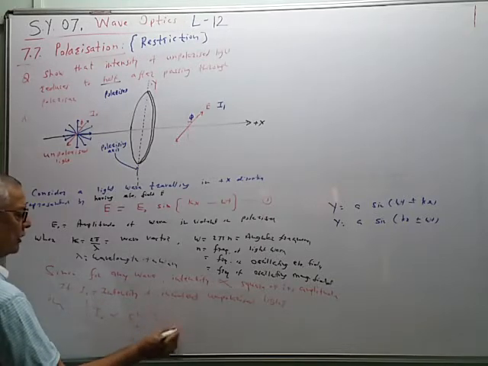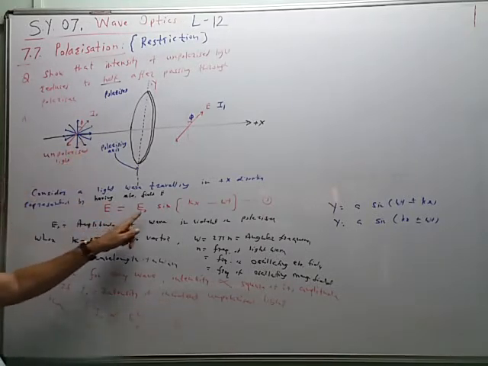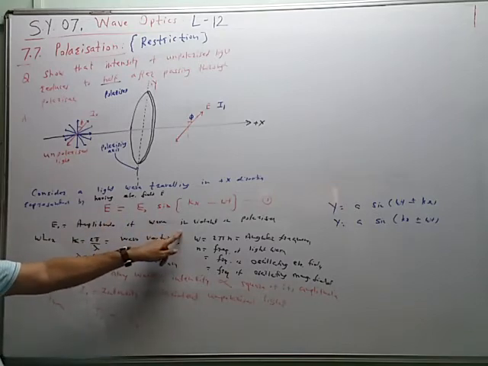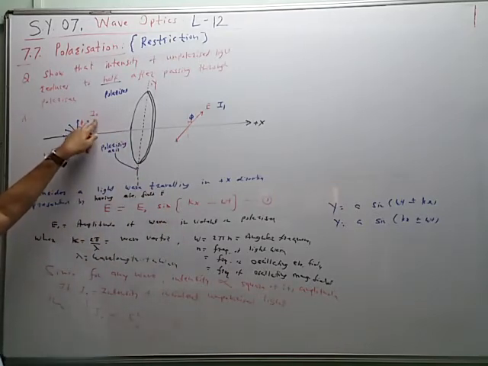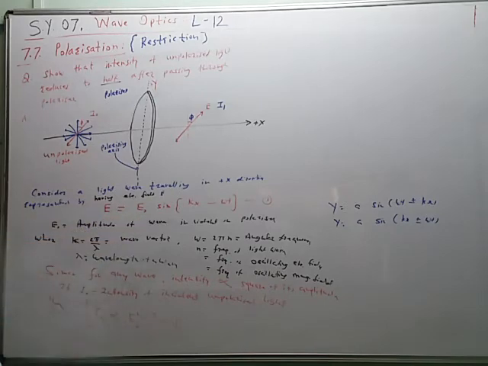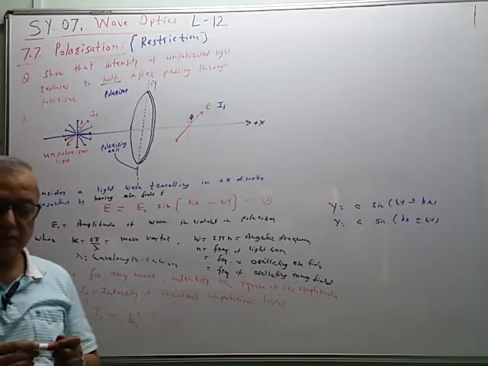This is equation 1. E0 is the amplitude of the wave and I0 is the intensity. So intensity is directly proportional to the square of the amplitude.